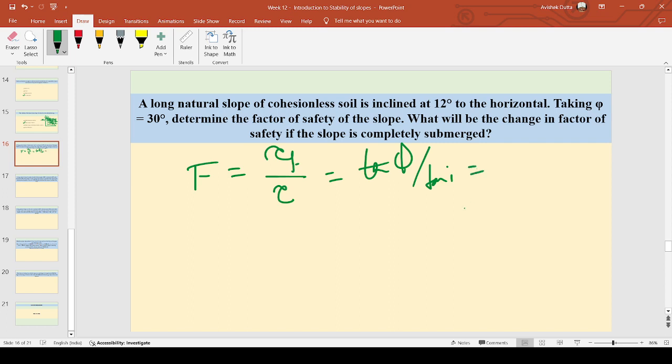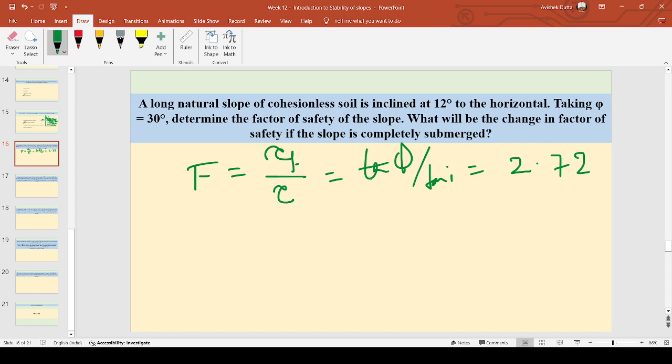Now, the angle phi is 30 degrees, the angle i is 12 degrees. So tan phi by tan i, tan 30 by tan 12, gives a value of approximately 2.72.